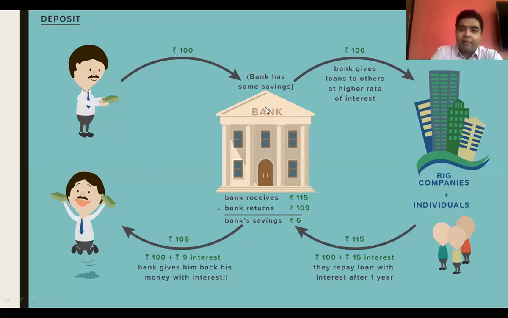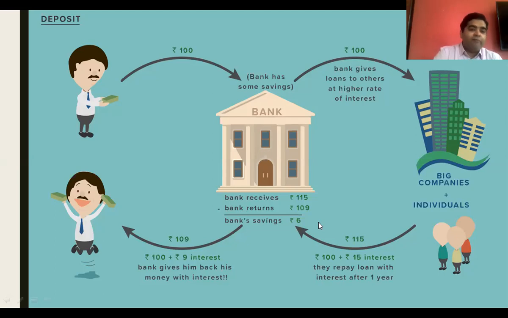The bank gives the same amount of 100 rupees to a company. In return, the bank expects interest of 15 rupees. So the bank gets back 100 rupees of principal amount and interest to the tune of rupees 15.